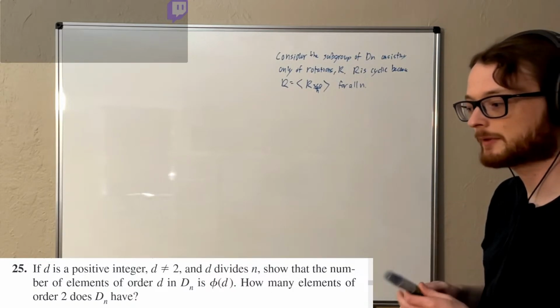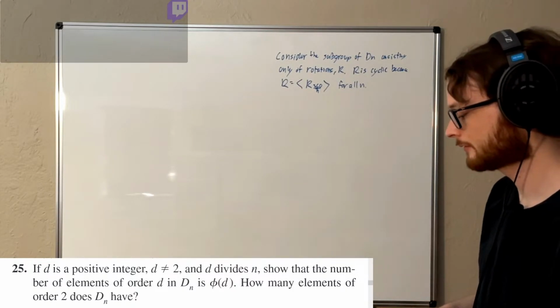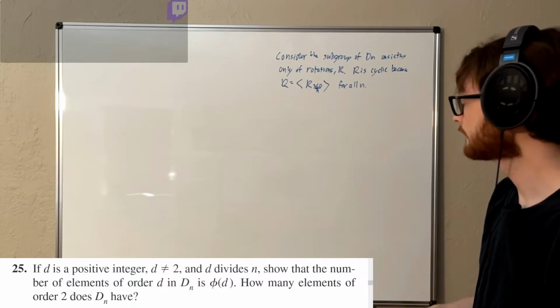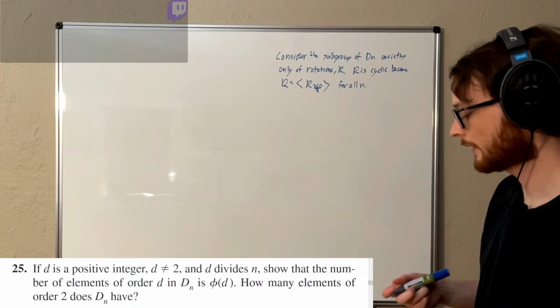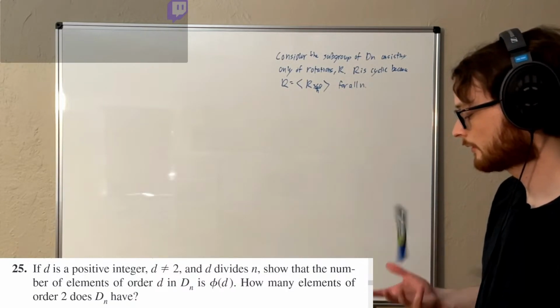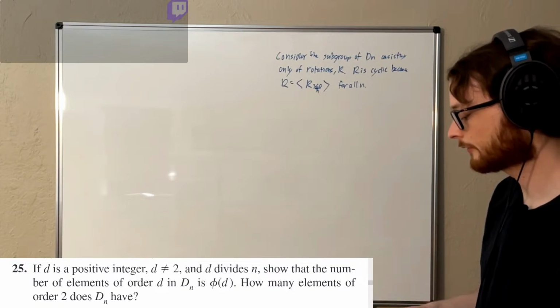Do we actually have something that says that though? I want to work within this cyclic subgroup to figure out the orders of things.